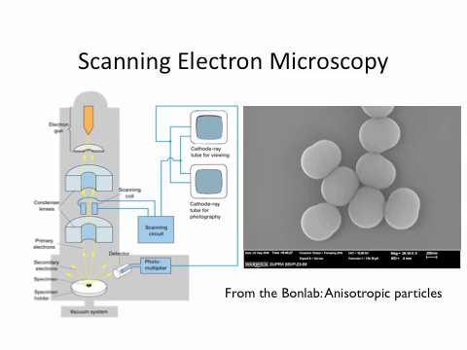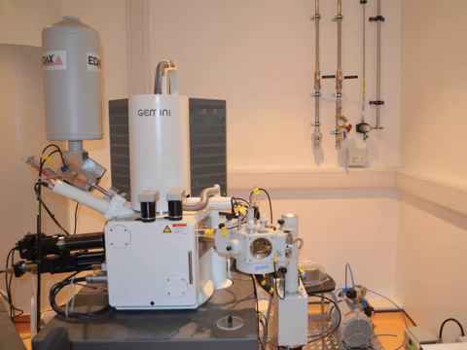Now this equipment you can also use in a cryo mode, which means you can look at soft materials, because you can imagine if you hit a sample with an electron beam, it can melt. So normal SEM works only for hard matter. If you want to analyze soft matter, you have to operate in cryo mode. So this is the SEM that we have here in the new mass building.